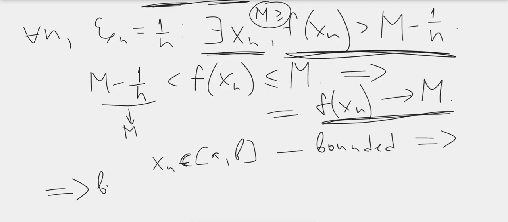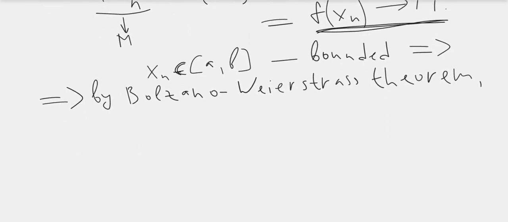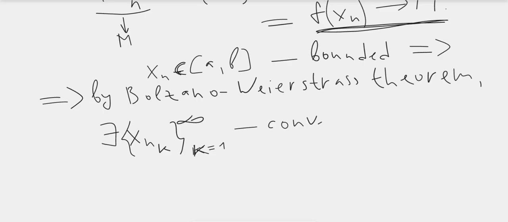So by the Bolzano-Weierstrass theorem, there exists a subsequence xnk, where k varies from 1 to infinity, that converges.